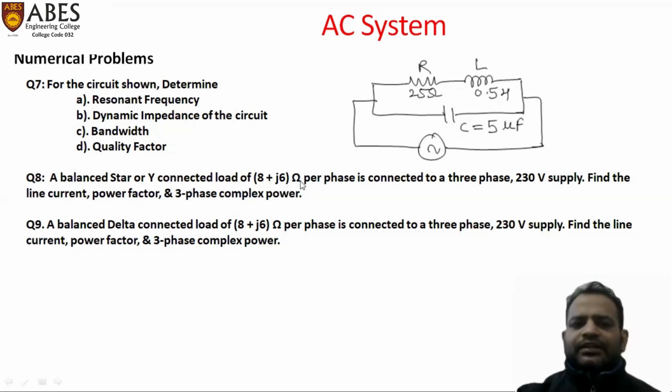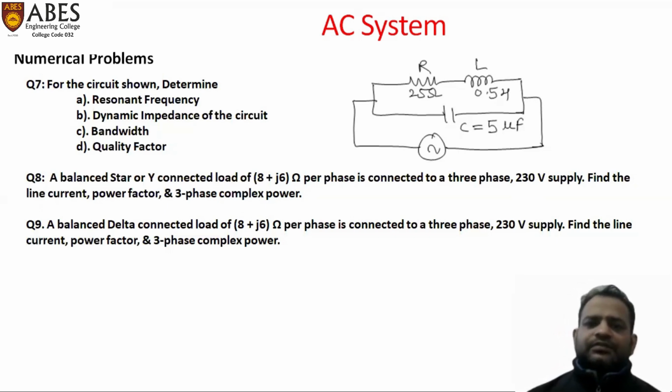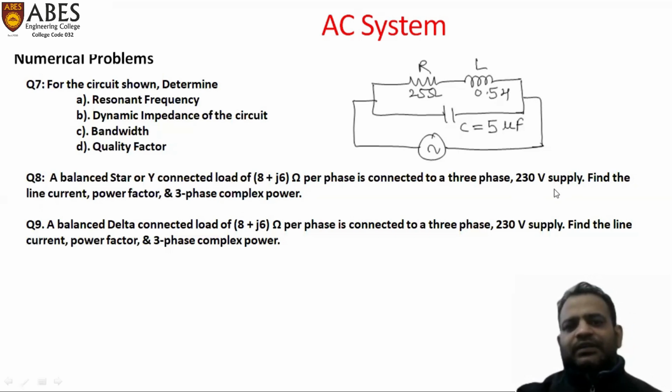The circuit is given and a 230 volt supply is applied. So we are finding the line current, line power, phase power, power factor, and three-phase complex power of both star and delta connections. In such a way, we are developing first the derivations and relationships, then discussing the numericals of each topic covered in the AC system.